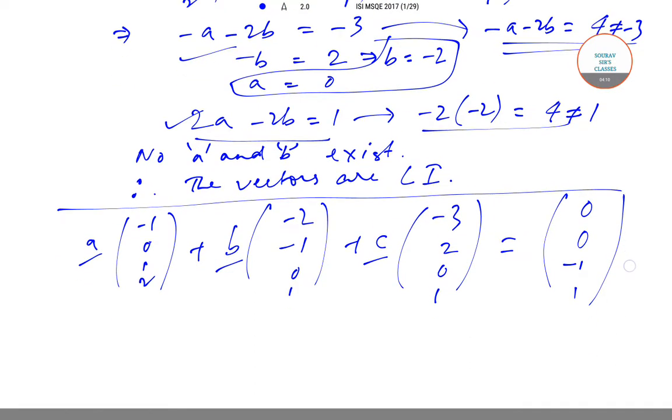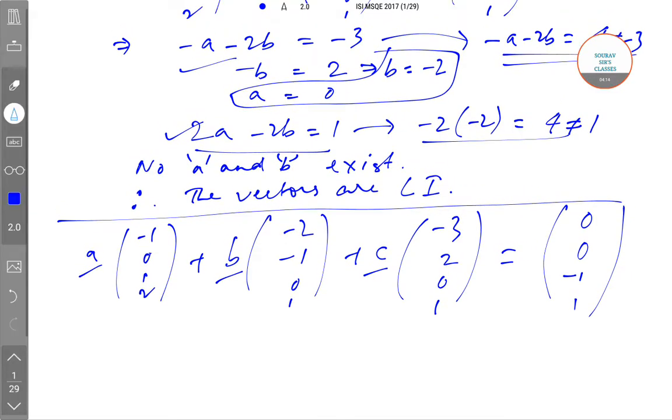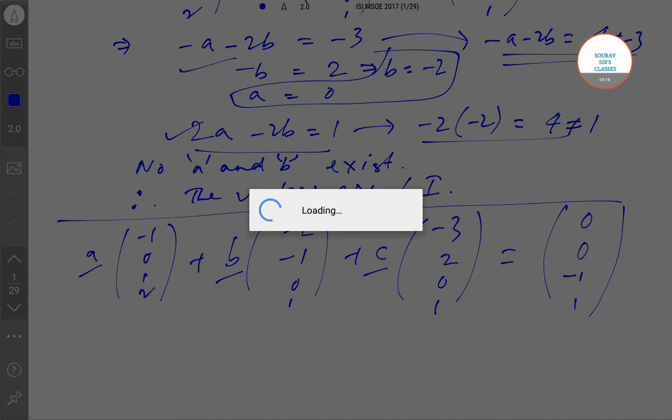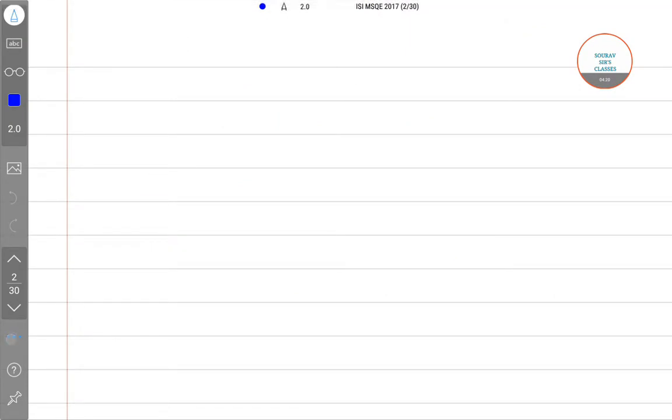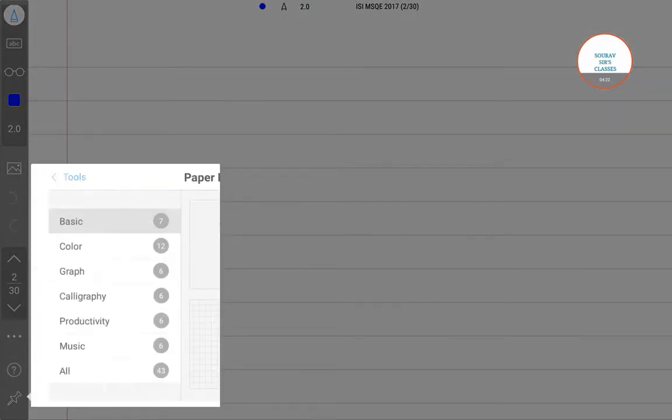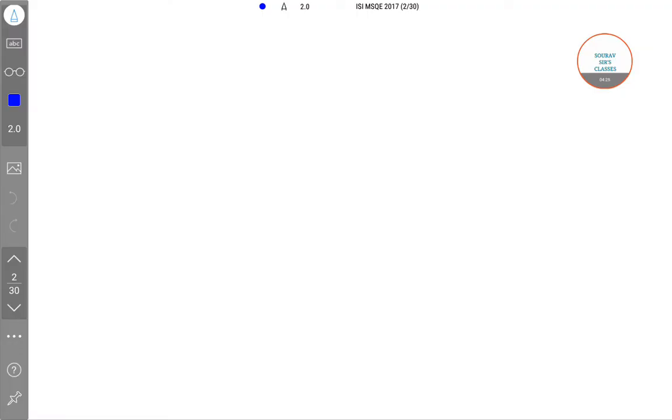So now when we write it in an equation format, let me go to the next page. Let me insert a new page over here. So now the equations that we'll get are -A - 2B - 3C is equal to 0.